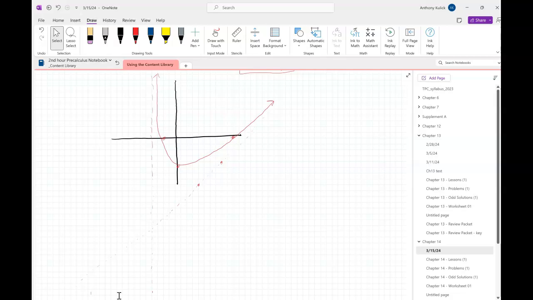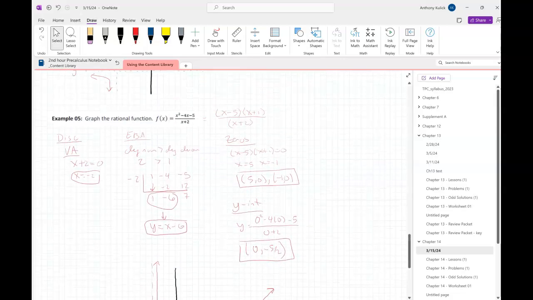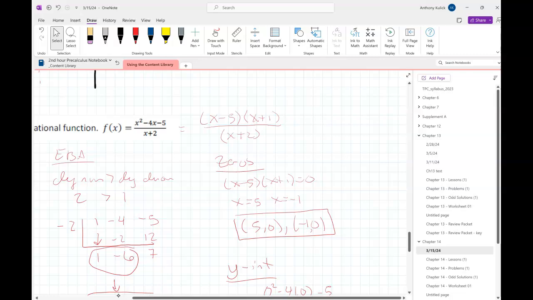So what I'm going to do is I'm going to pick something very close to -2, because that should either be a really big number or a really small number, and it'll be really obvious what's going on. So let's say I pick -2.1. So that'll give me a negative down here, a negative up there, and then a negative right there.